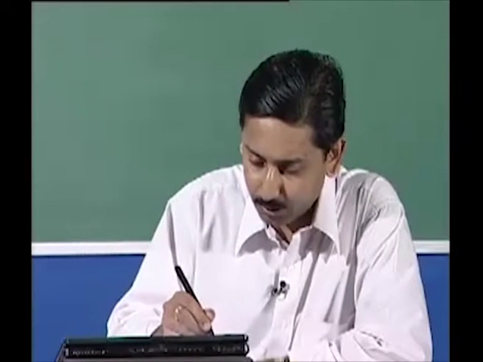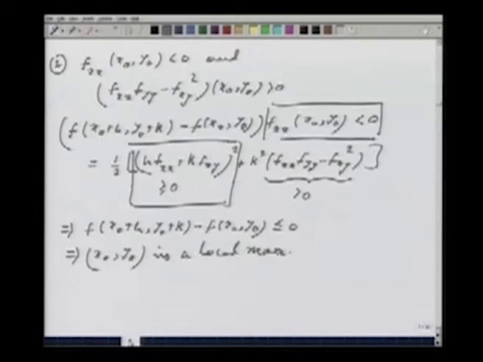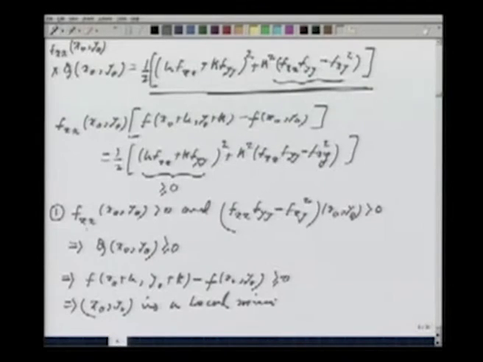So let us summarize what we have got so far. For that I need a notation. I define, let us say, B equal to this matrix of double partial derivatives. Now my condition 1 was, let us have a look at it again: fxx is bigger than 0 and this quantity is bigger than 0.